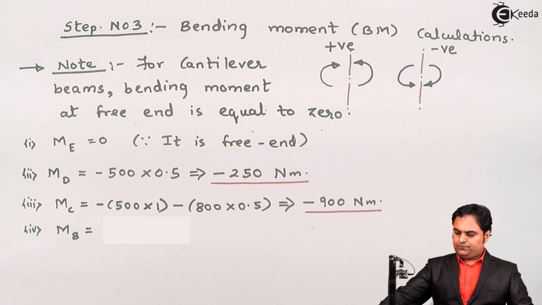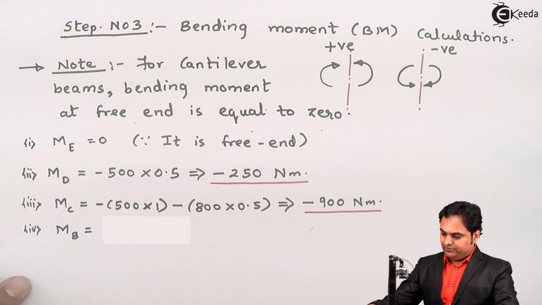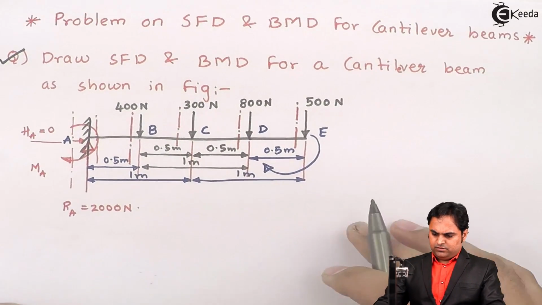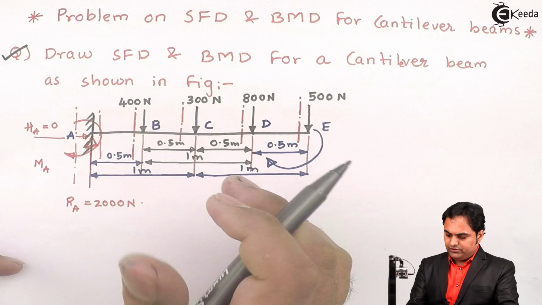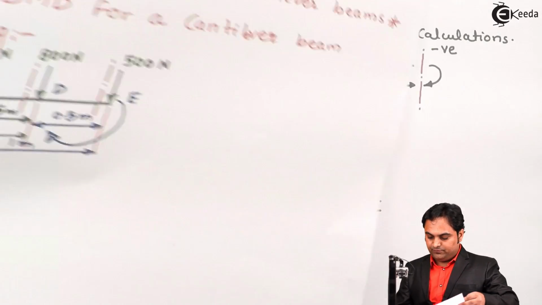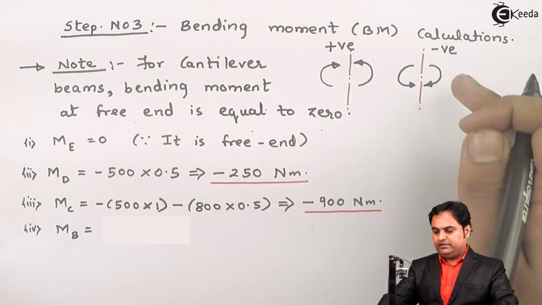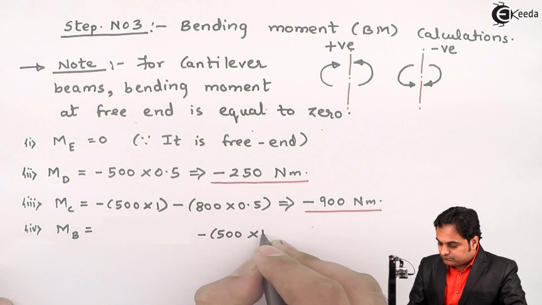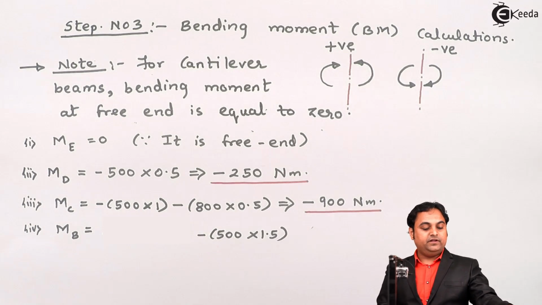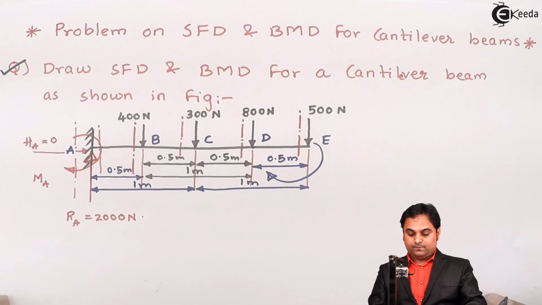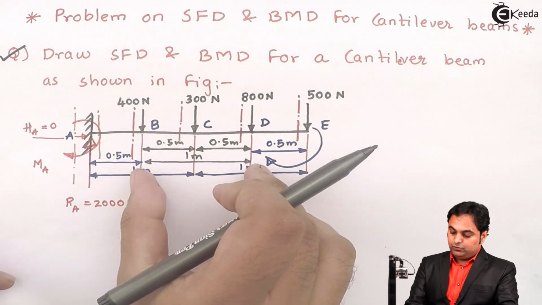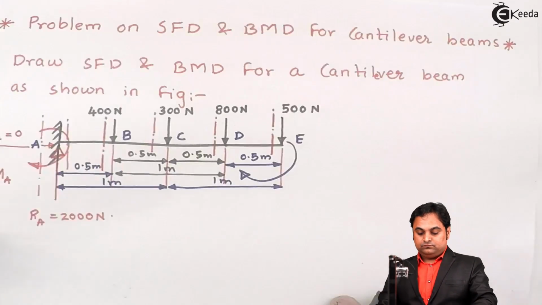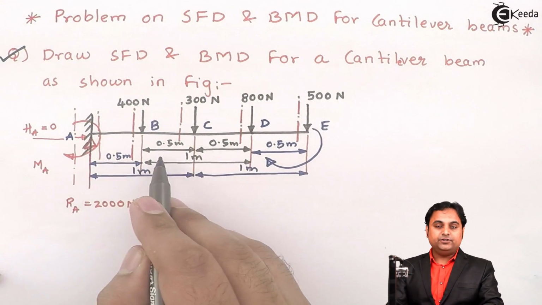So now here I will be calculating the moment at point B, that will be 500 into 1.5, and since it is clockwise to the right, so negative, minus 500 into 1.5, then minus 800 into 1, next minus 300 into 0.5.